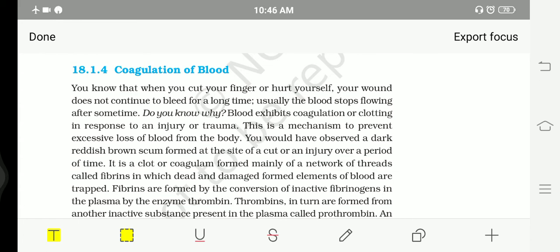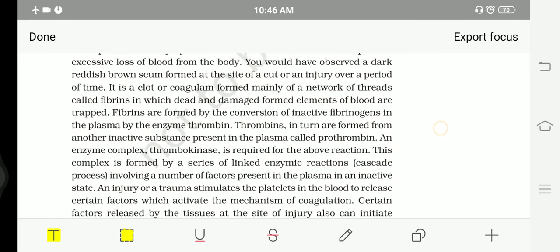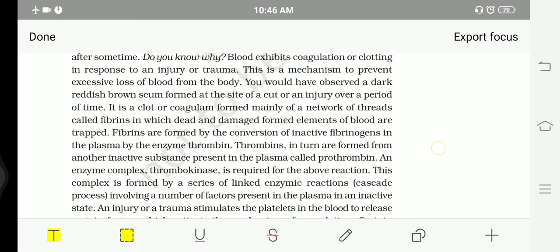The substances are prothrombin, thrombokinase, calcium ions, and fibrinogen. First one is prothrombin, second one is fibrinogen, and next one is calcium ions.